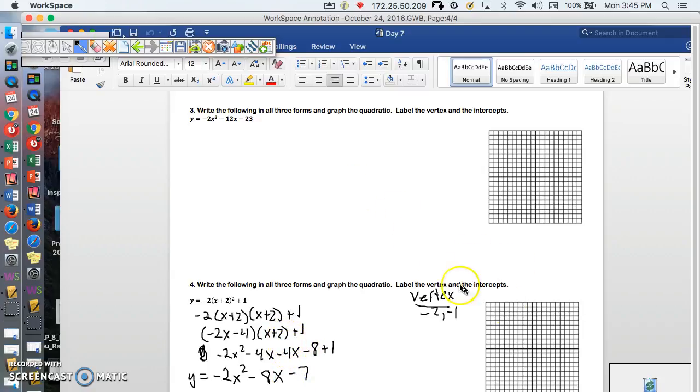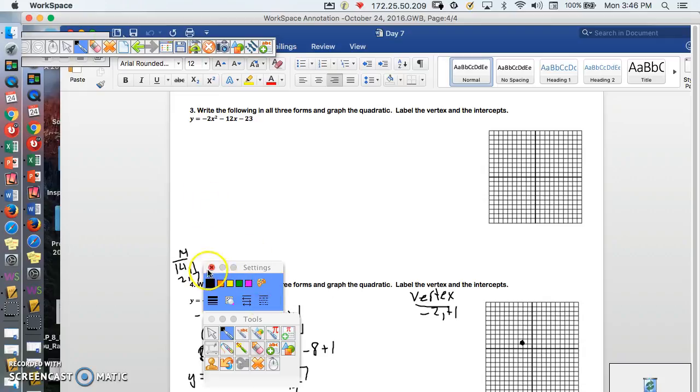All right, so we know our vertex is negative 2, positive 1, excuse me, because our y stays the same. So here's our vertex. We know it's facing down. And then we have to find our intercepts. Well, let's see. Multiplies to negative 14 and adds to 8. Let's see, 14, 1, 2, 7.